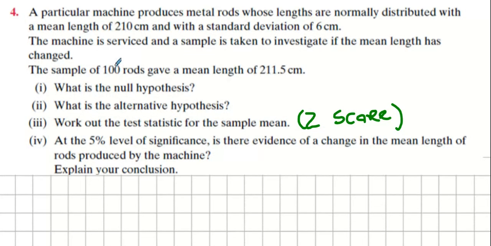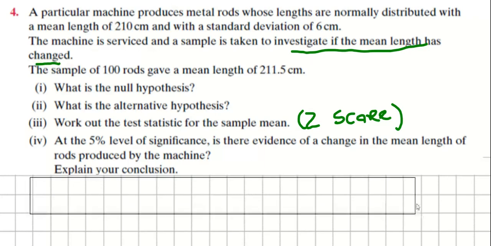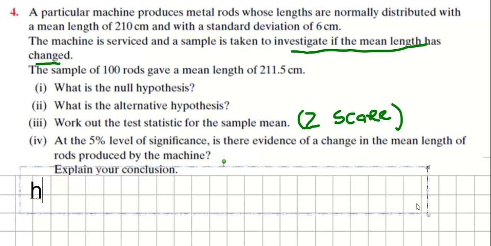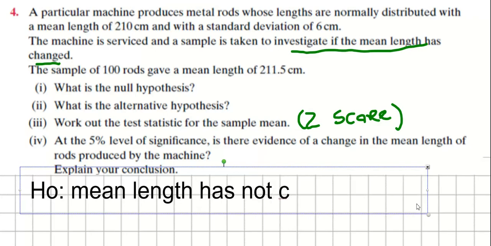Theory. The machine is serviced and samples taken in to investigate. You're investigating whether the mean length has changed. So what I think we're going to do here is we're going to say that H0 is the mean length has not changed, or you can say the mean length is still 210.